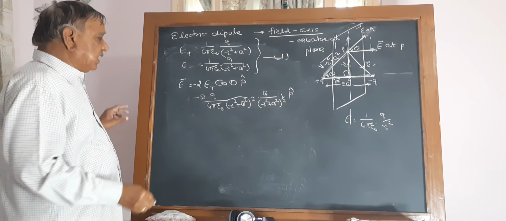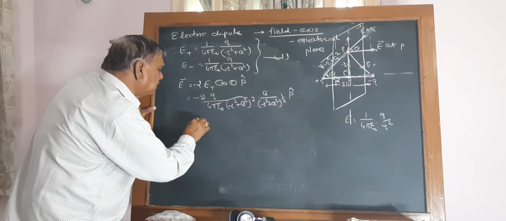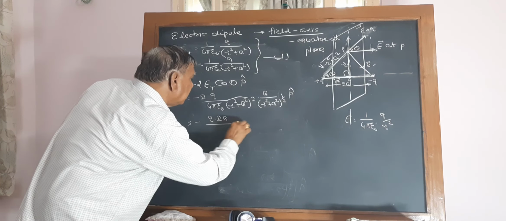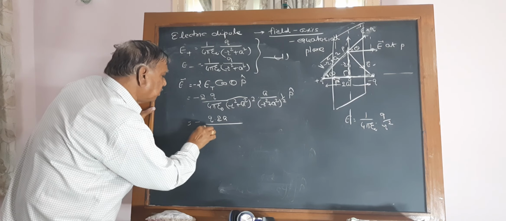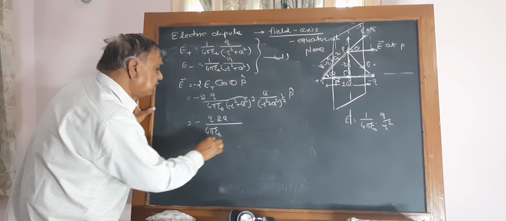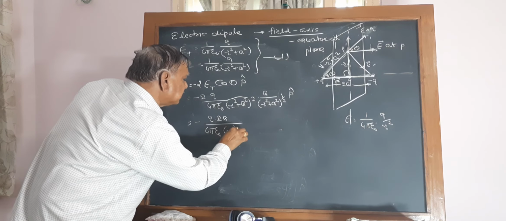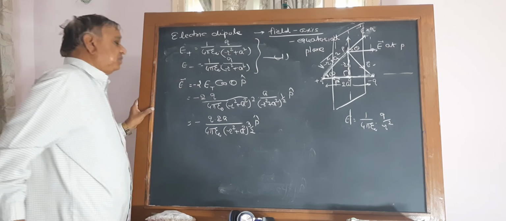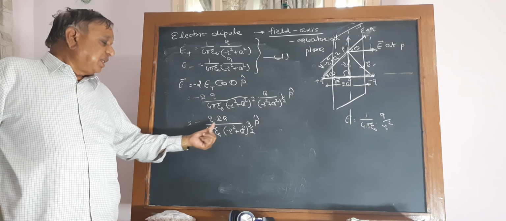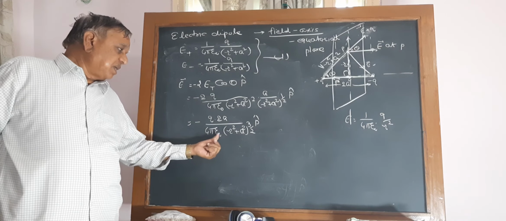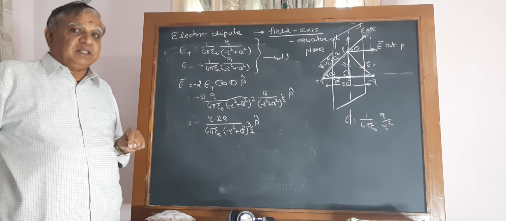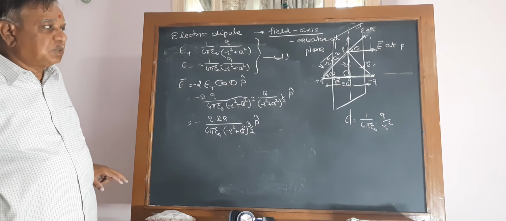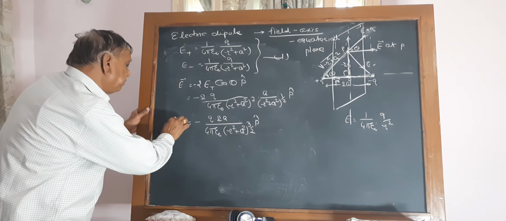So we can write minus Q into 2A upon 4 pi epsilon 0 R square plus A square raised to 3 by 2 P caret. Minus means opposite to the dipole moment.